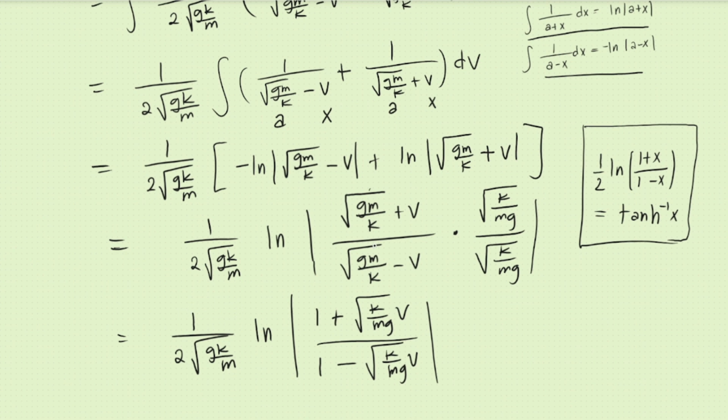As you can notice, we have 1 over 2 here, we have ln, we have 1, 1, and we have this. Let's say this is x and this is x.